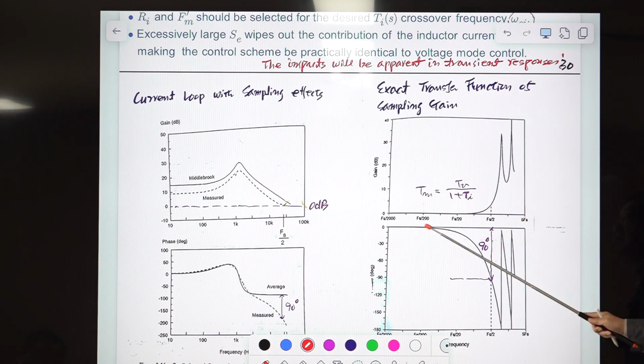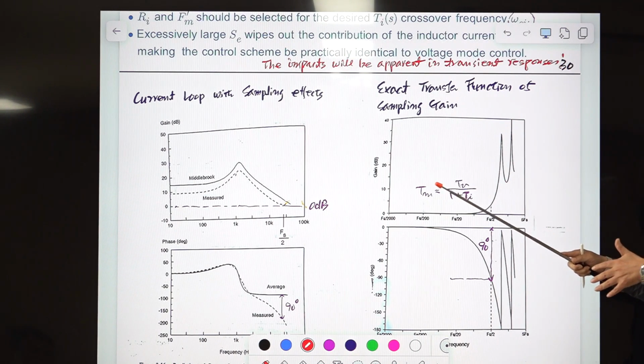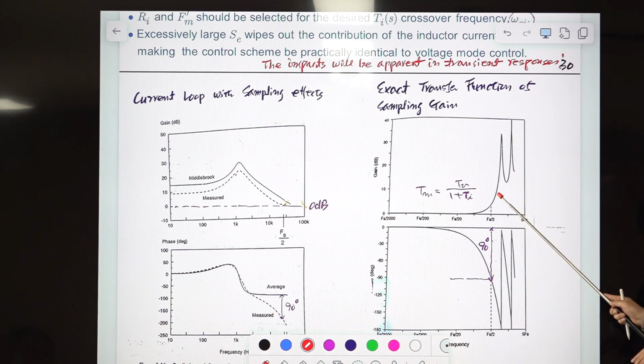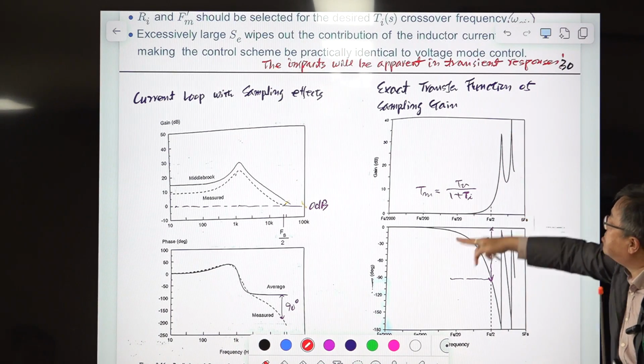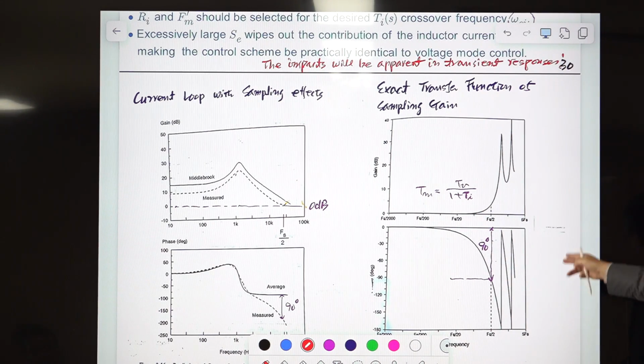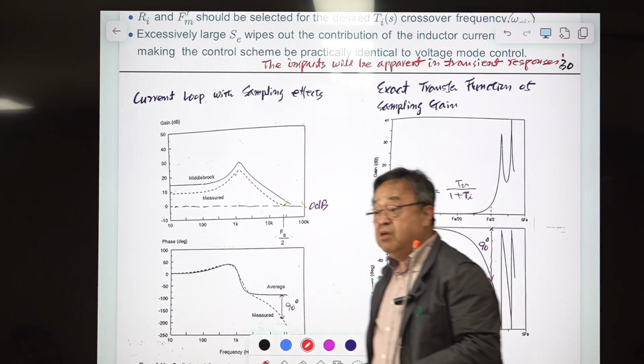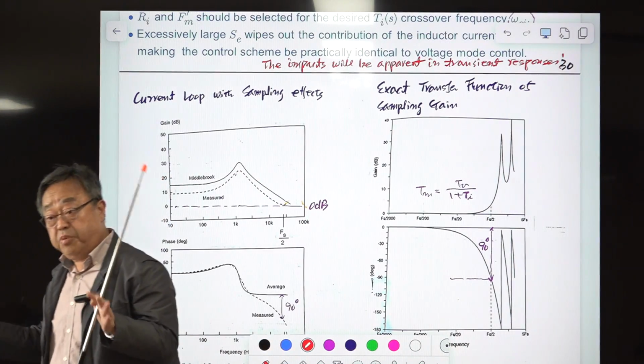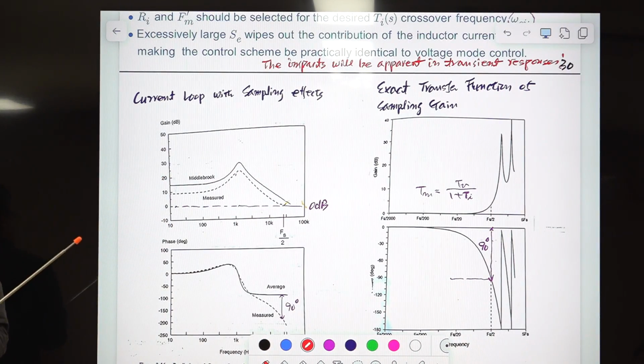This is the loop gain seen at the output side of this converter. TI is in the denominator. So you have seen this, and here it is upside down. It is coming up here. Okay? So if it goes downstairs, it is doing like this. This is the sinc function. We have seen the Middlebrook modulator gain analysis. That was the voltage mode control.